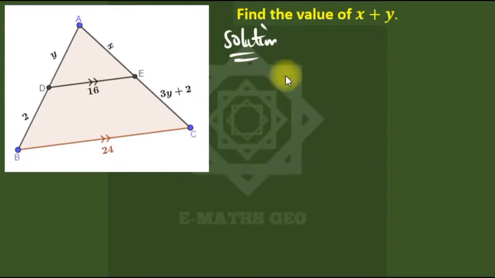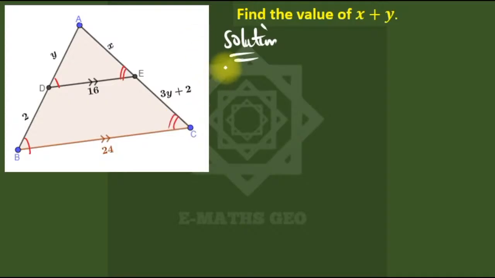They're asked to find the value of X plus Y. As you can see, we have X and Y unknown. First of all, we'll use the similar triangle theorem. We know that this is parallel to this, so this corresponds to this, and this corresponds to that.